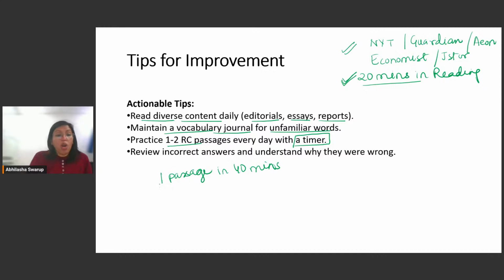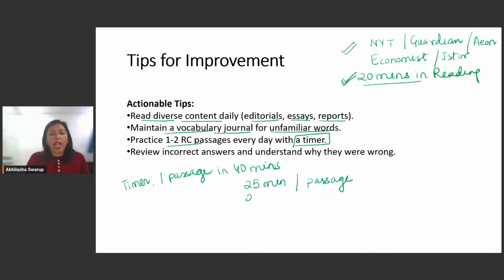So from day one, put a timer on yourself. The first time you read, you put a timer so you know how much time you took. Let's say you took 25 minutes today in reading one passage.